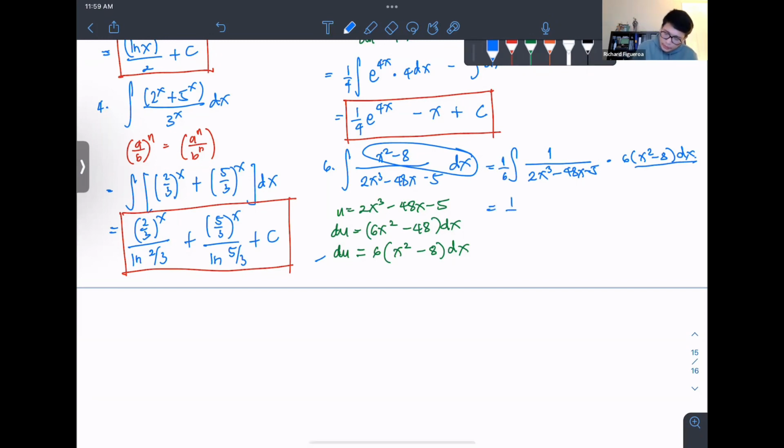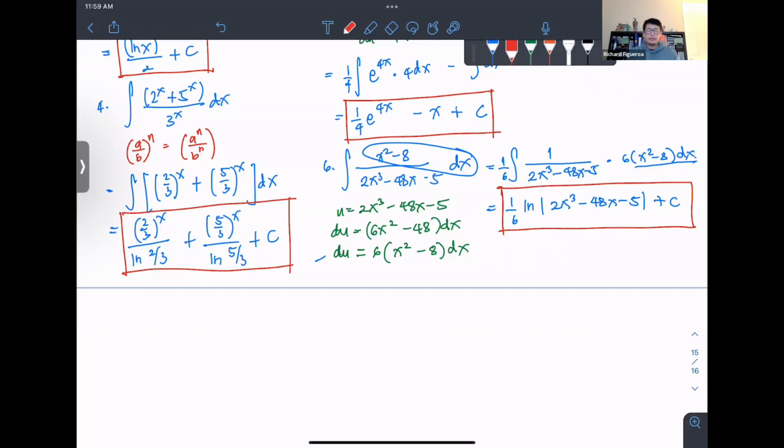So the answer then would be 1/6 ln of 2x cubed minus 48x minus 5 plus c. So that is the natural logarithm, right? The derivative of the denominator is the same as the numerator.